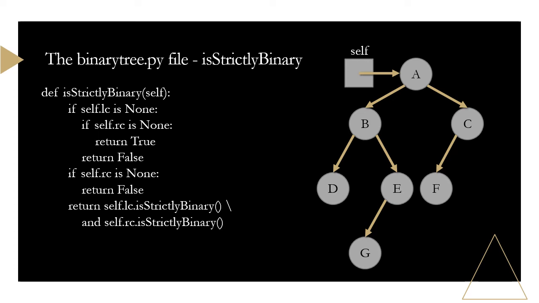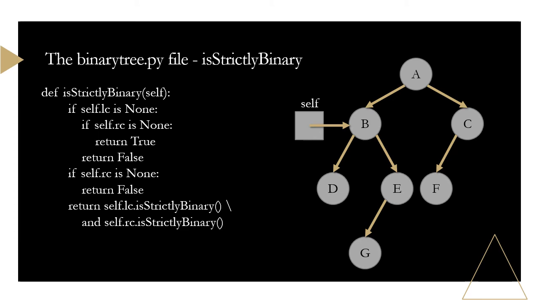We come to the last line and the isStrictly binary function is recursively called first for the left child of A. So we pass pointer of the left child of A to the function and self now points to B. We restart the function from the very first line.